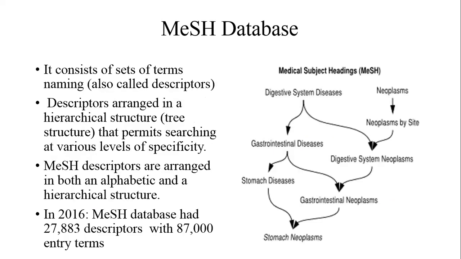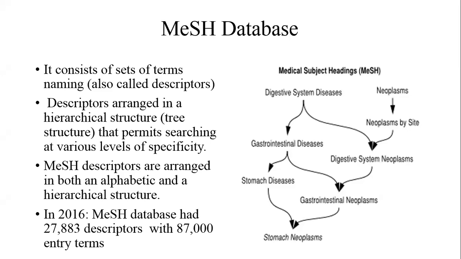Okay. Next, I would just give you a more brief detail of this MeSH database. So this database consists of a set of terms, and these terms in MeSH are called descriptors. So technically speaking, when you say that you are searching in MeSH, you are searching for descriptors.